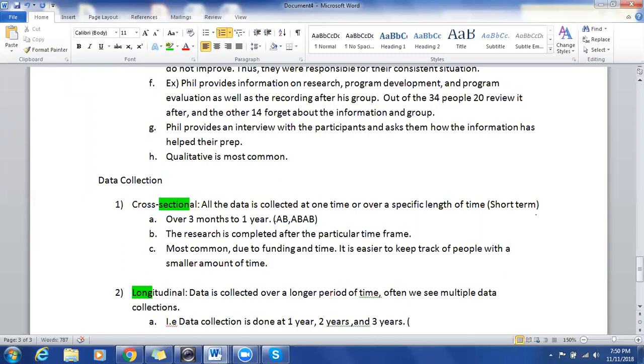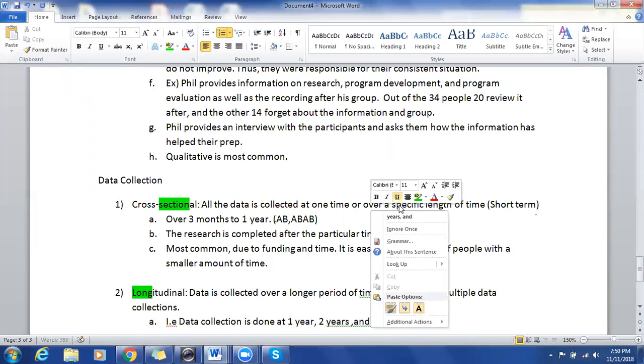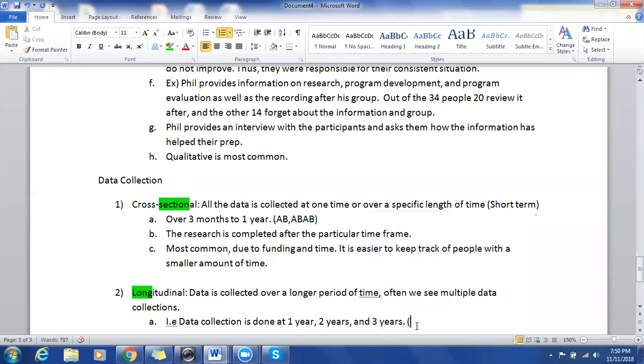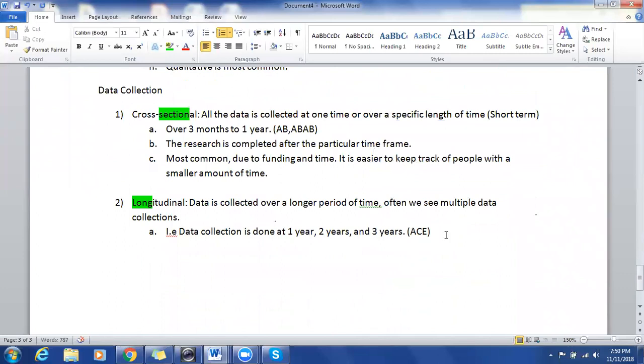A very common longitudinal study in the social work field, and if you have never heard of it, please look it up, is the ACE study. It was the adverse childhood events study, tracked over long periods of time: if you had this amount of trauma or this score, then you had this amount of health conditions or a lower life expectancy. It was groundbreaking, but it takes a lot of money. These studies take a lot of time and money to pull off.